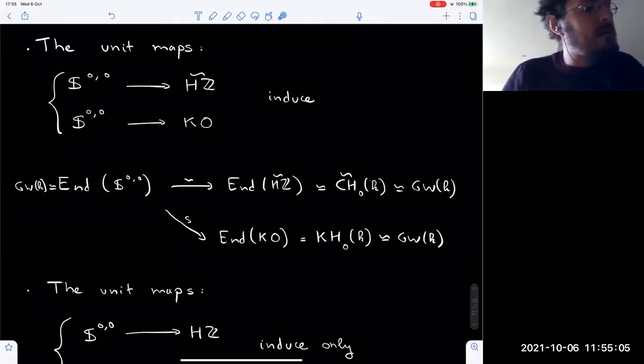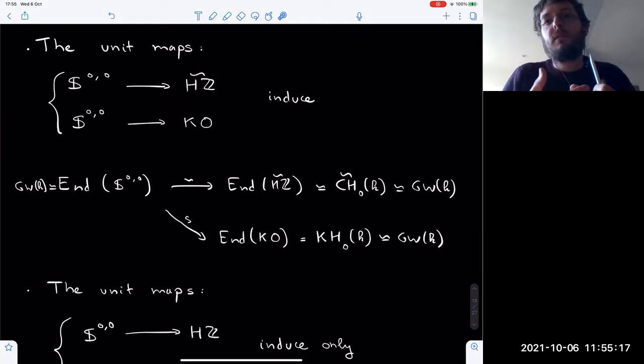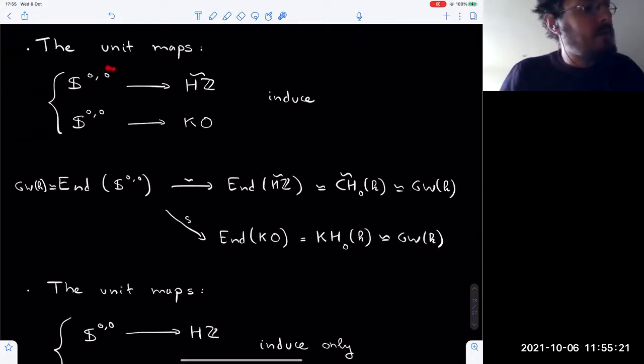You have the unit map. These two spectra, and in fact the four spectra that I mentioned representing cohomology theories, are all ring spectra. So in particular, they have a product and they have a unit. The unit maps are maps from the unit to HG tilde and to KO, and these will induce maps on endomorphisms, and the endomorphism of HG tilde is just the Chow-Witt group Chow 0 tilde of the base field.